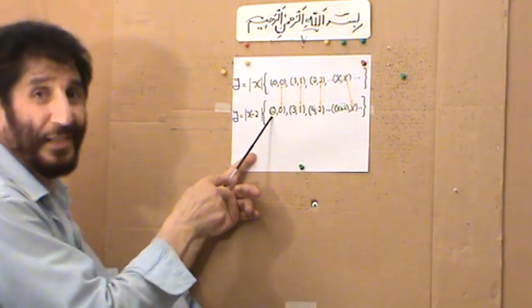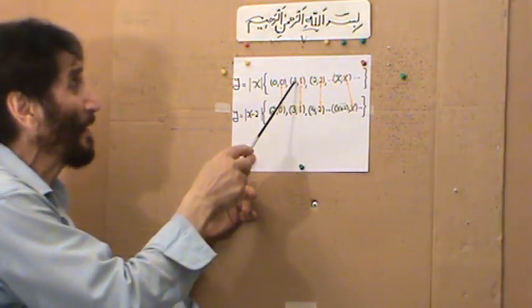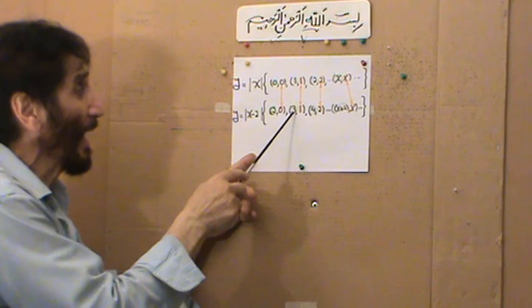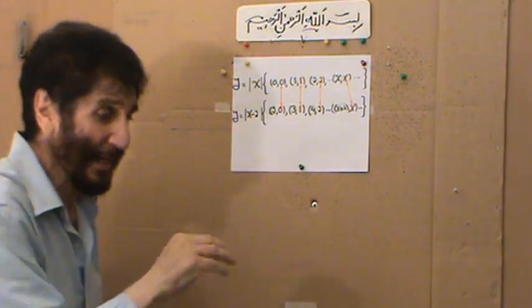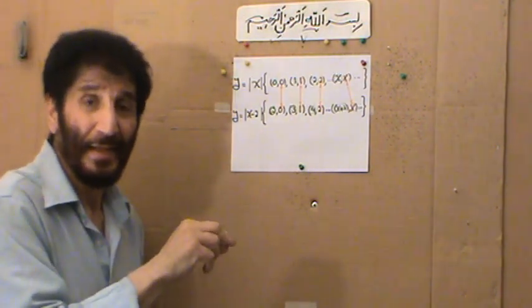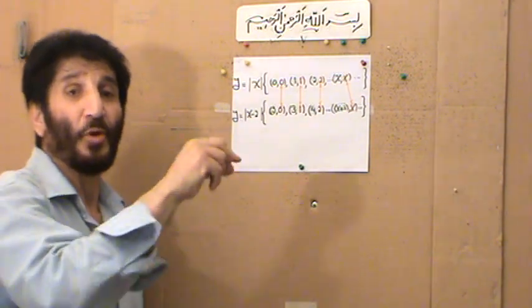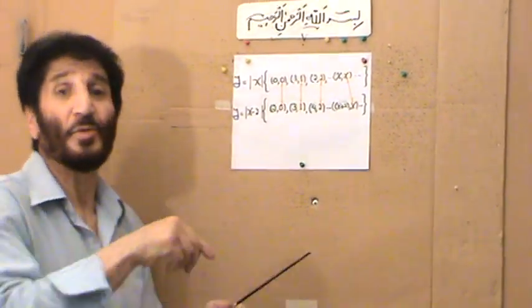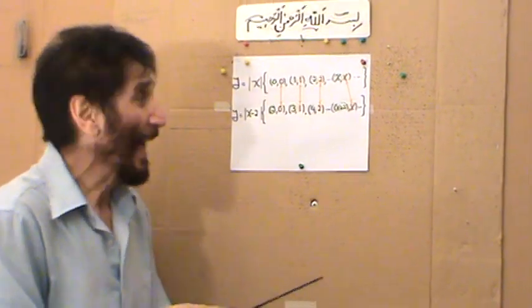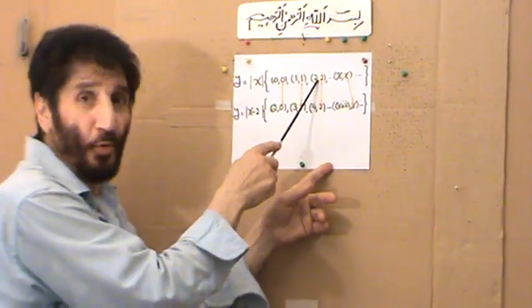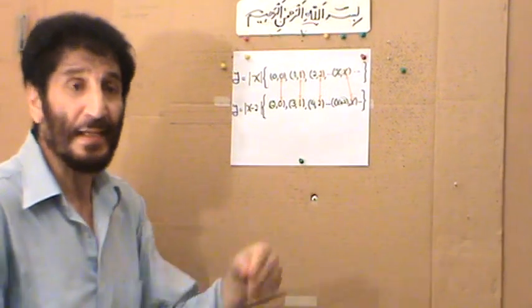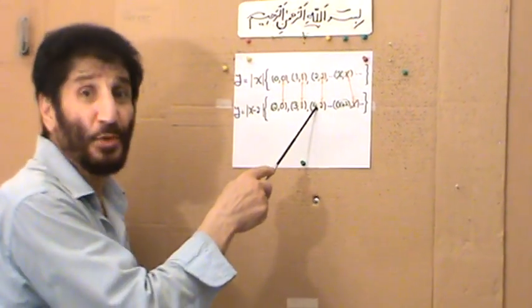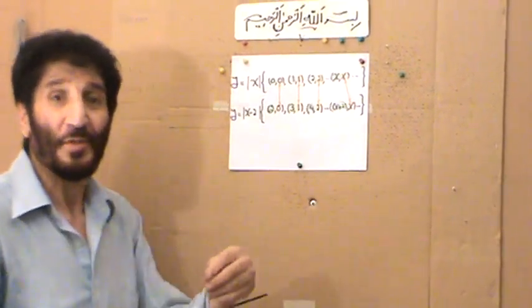Here we have it at (2, 0). Here we have (1, 1). Here we have it at (3, 1). Which means when x is 3, y goes up 1 unit. Here when x is 1, y goes up 1 unit. And here when x is 2, y goes up 2 units. And here when x is 4, y goes up 2 units.